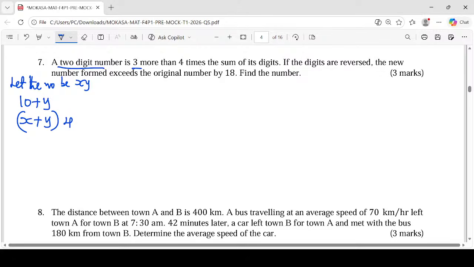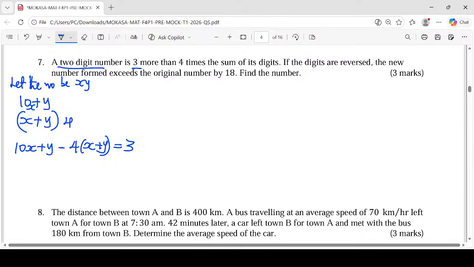That means when I take the number, 10x plus y, I subtract 4 times the sum of the digits, 4 into x plus y. The difference should be 3. This is what the question means.